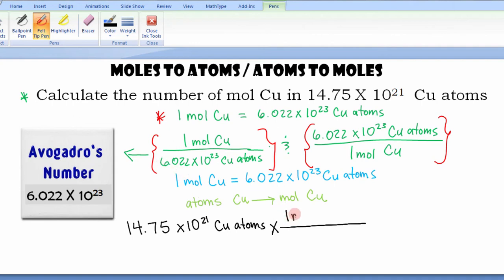We want to get moles, so we put moles in the numerator, and we put atoms in the denominator.